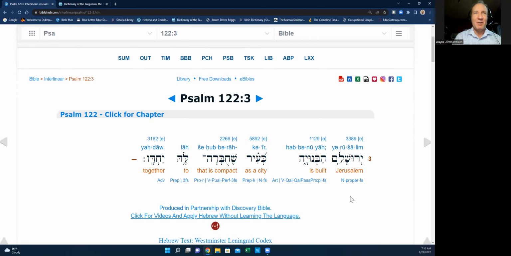I find mispronunciations in the transcribing of it here, especially the difference between the bet with a hard dagesh and a bet without the dagesh, which would be a V sound. The kaf with dagesh versus the kaf without the dagesh is more of a ch, het sound.